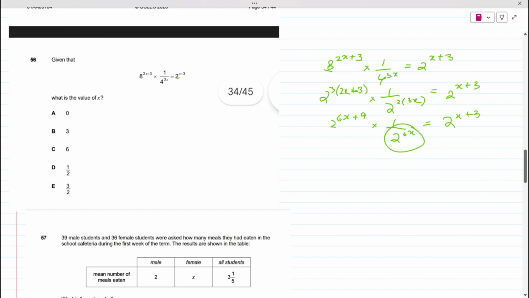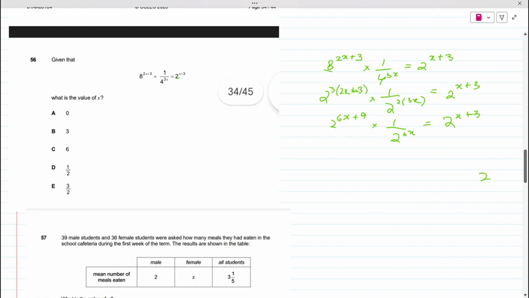This is in the denominator. And if bases are the same, for instance this is power 6x plus 9, this is power 6x, then you can write this base once and the exponents would be subtracted. This is the simple rule, right?